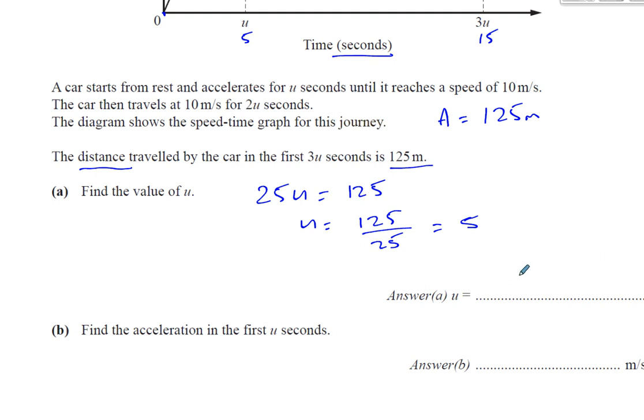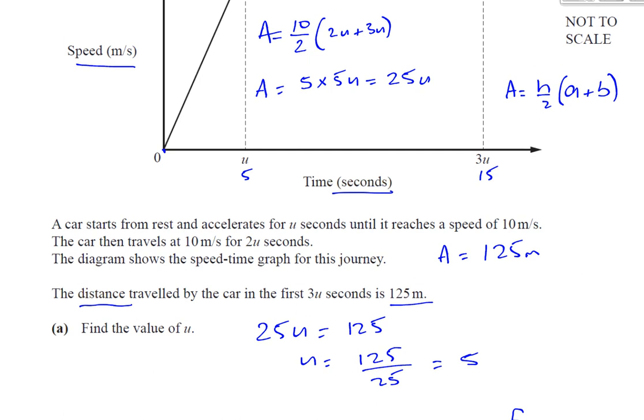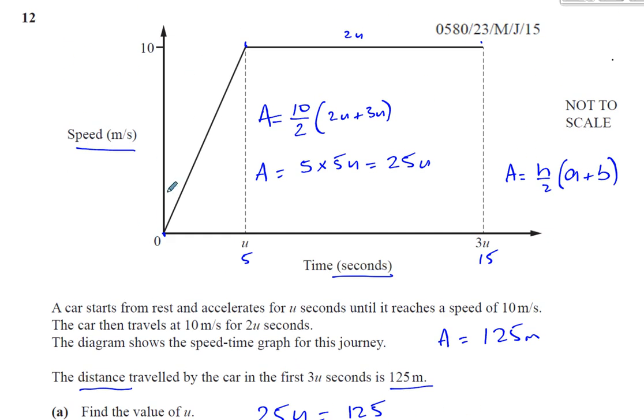u equals 5. Then it says find the acceleration in the first u seconds. Well, that's pretty simple now we know what u is. The acceleration in the first u seconds means the acceleration in the first 5 seconds, which is the gradient of this line. To find the acceleration from a speed time graph, you need to find the gradient of that region. The acceleration here is constant between 0 and 5.